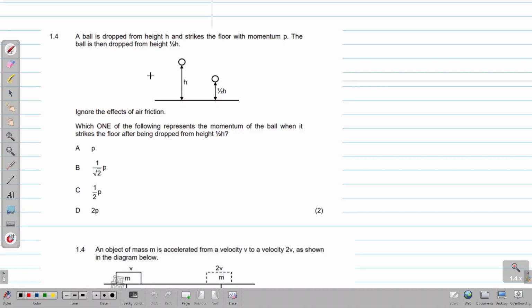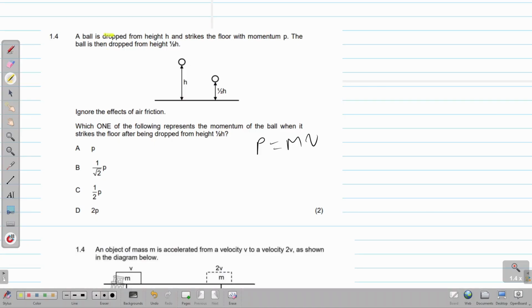So we know that the momentum is related to velocity by the equation: momentum is mass times velocity, and the equation that relates displacement and velocity. So we have to take note that, let me highlight the dropped part.